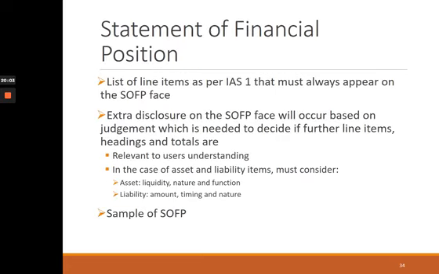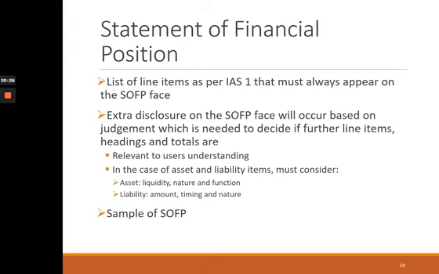Statement of financial position. There's a list of line items as per IAS 1 that must always appear on the face of your statement of financial position. Extra disclosure on the statement of financial position will occur based on judgment, which is needed to decide if further line items or headings or totals are needed.